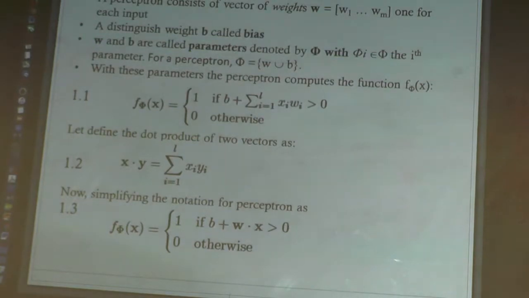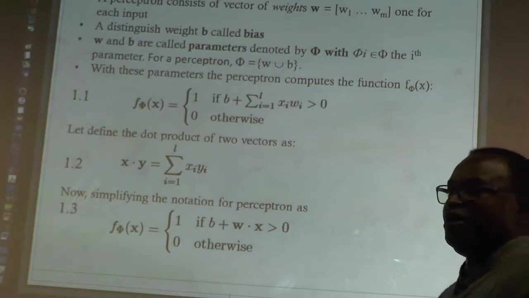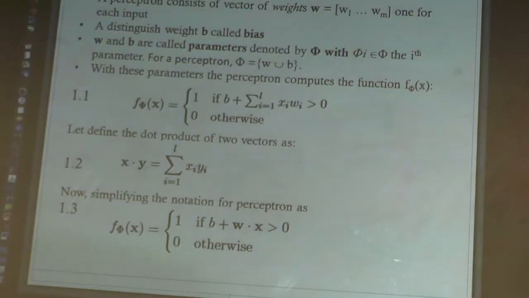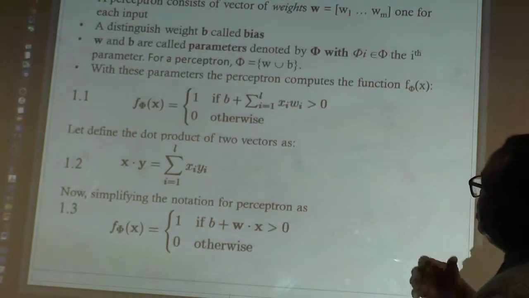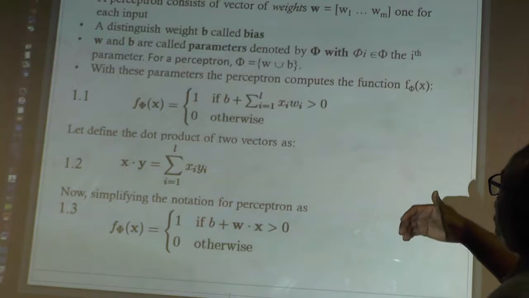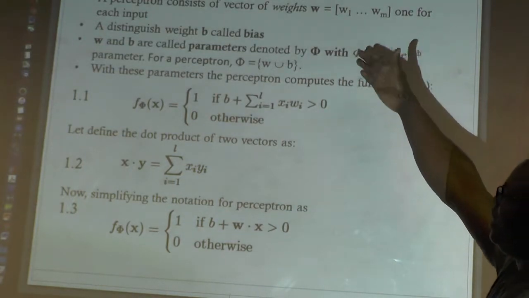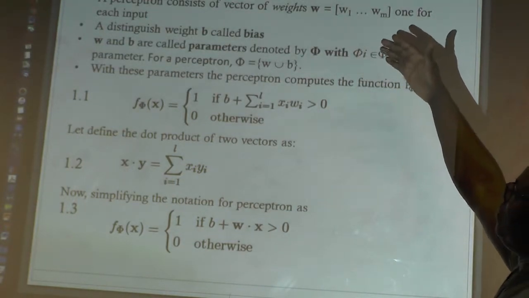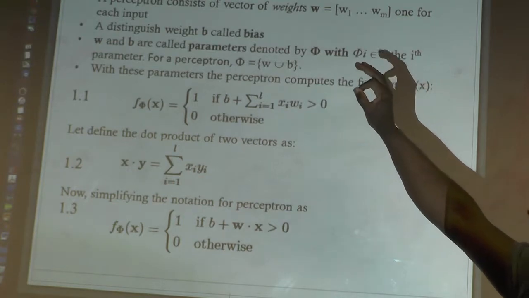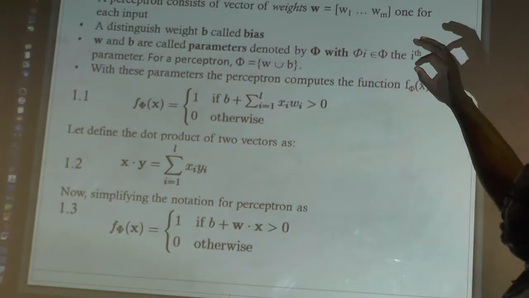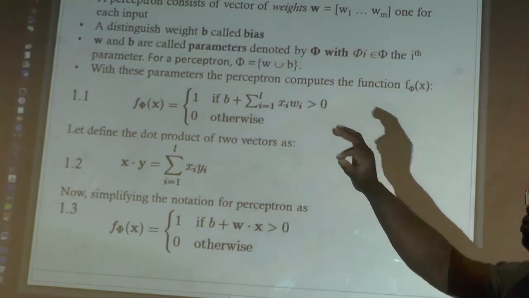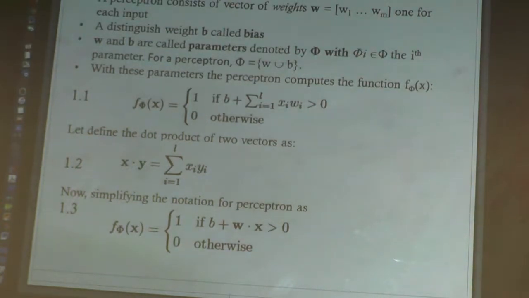Okay? Then, mathematically, we can conceptualize this problem because that's the only thing we can process in a computer. Remember, we cannot just process anything. We have to bring it to that level. We now introduce vector. A perceptron consists of a vector of weights, okay? And a distinguishing weight, which we call bias.